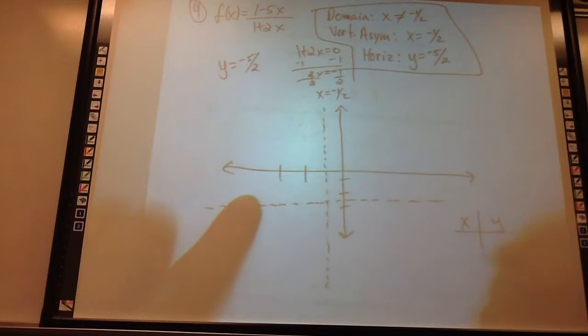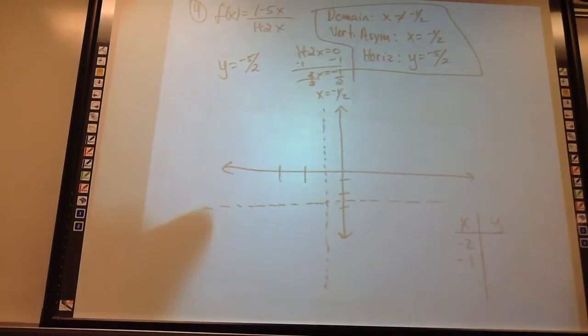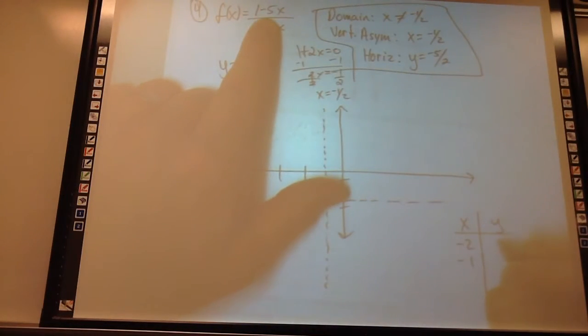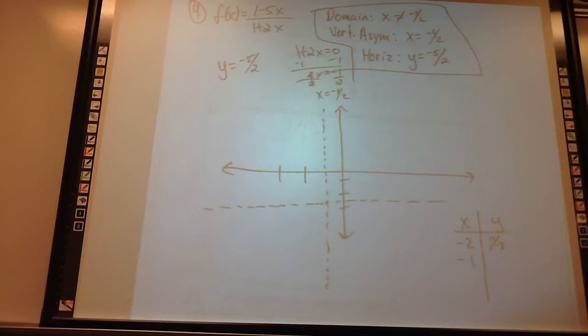Let's plug in -2 and -1 and see what we get. If I do -2, positive 10 plus 1 is 11 over -3. So -11 thirds, what is that?